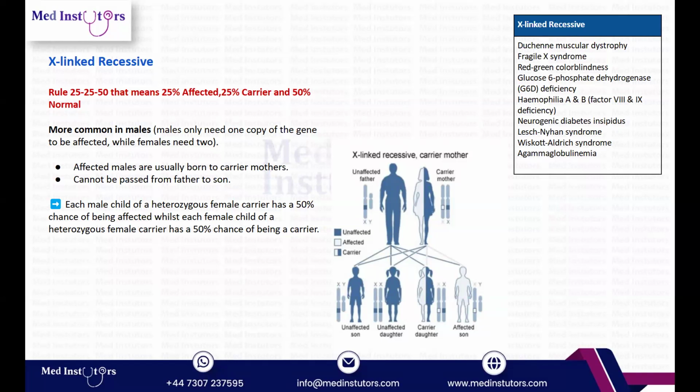In that case, you can interpret it like this: 1 equals 25%, that means one is affected, another one is 25%, which is carrier, and the two normal offspring make 50%. So that particular condition is following X-linked recessive pattern. But the exception here is about gender.